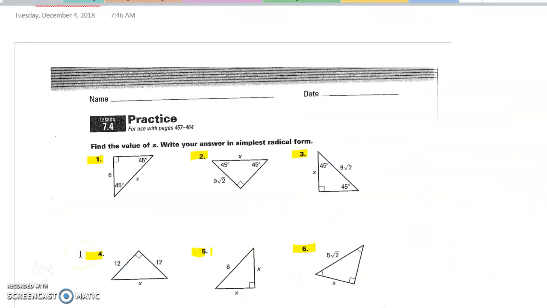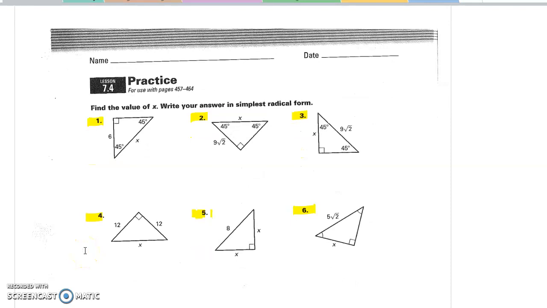And then the next thing I gave you is this 7-4 practice to try these 6 problems, which are all 45-45-90. So the first thing I'm going to put on my page is hypotenuse equals leg times root 2. I'm going to figure out, is it the hypotenuse that I'm given, or is it a leg? Whichever one I give you, plug in.